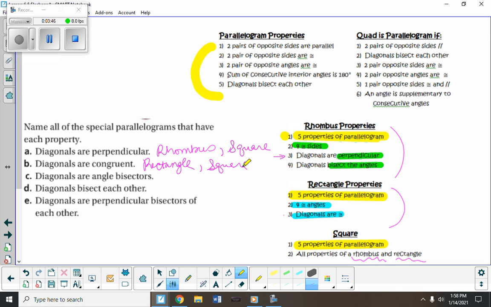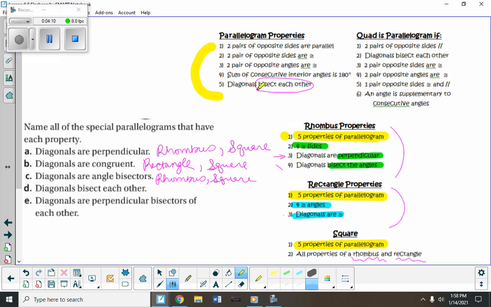All right, the next one says diagonals are angle bisectors. Let's see. So that happens in a rhombus. And it happens in a square because everything about a rhombus is true with a square. Diagonals bisect each other. Where do we see that? Right here.